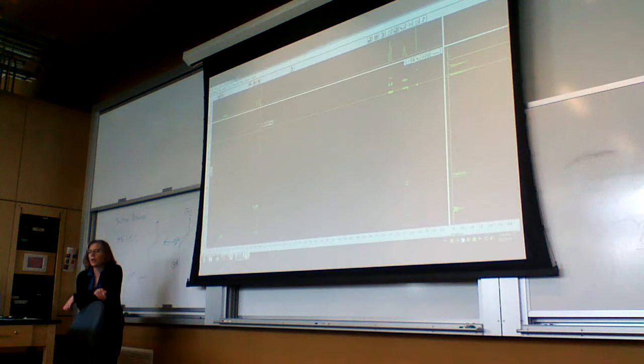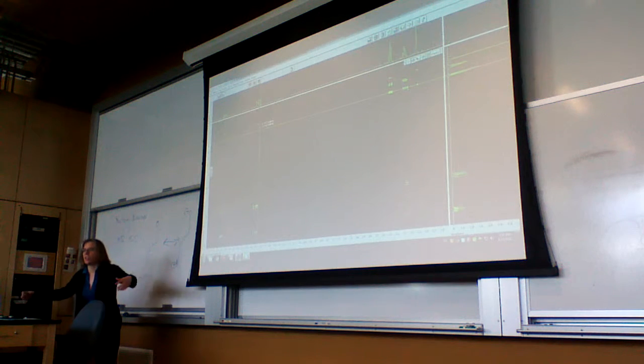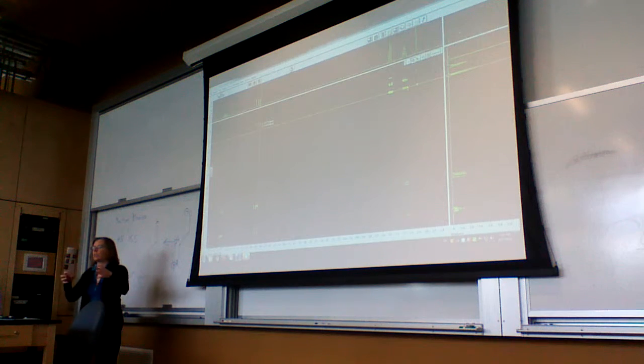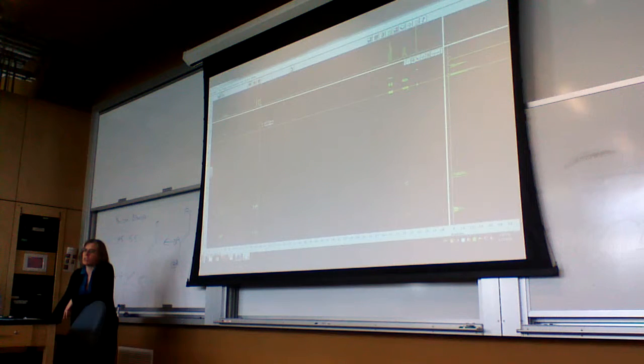All of this is more information to help you assign the different peaks in your signal. So you can do calculations to get an approximate chemical shift, then you look at what's coupling together to see which ones are neighbors. So you have to take all of this information from the different pieces to get a full interpretation of the spectrum if it's not a simple assignment.